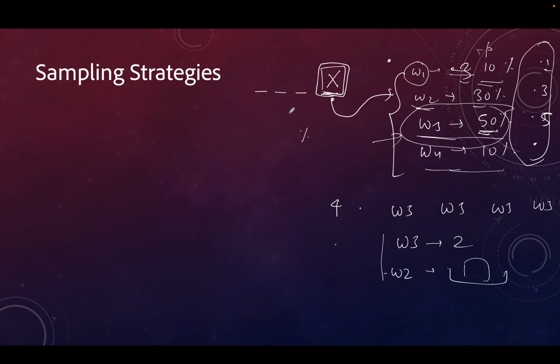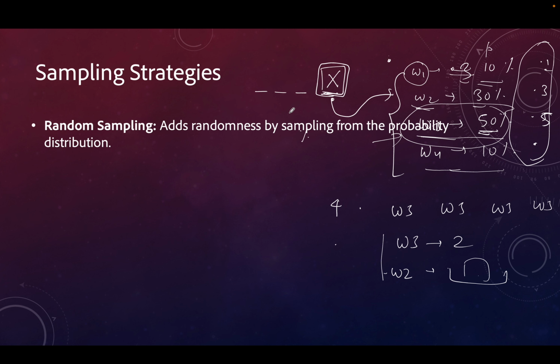Similar to this idea, we have multiple sampling strategies. One of them is random sampling. It adds randomness by sampling from the probability distribution. So just randomly pick one of these.